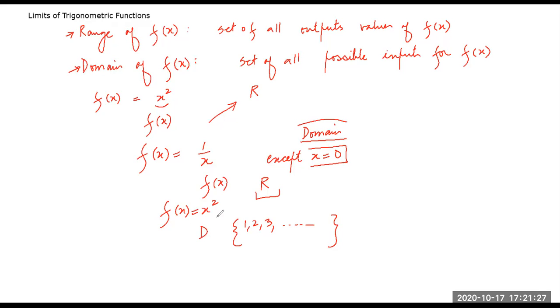So for this function, x could be set of all real numbers, natural numbers, whole numbers, or integers. Here we are taking set of all natural numbers as domain. So corresponding to this, what will be the range of the function? It would be 1, 4, 9, right. So this is a little bit about range and domain of the function.